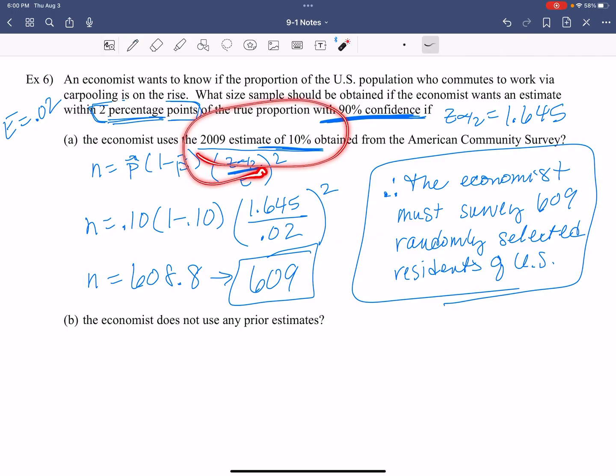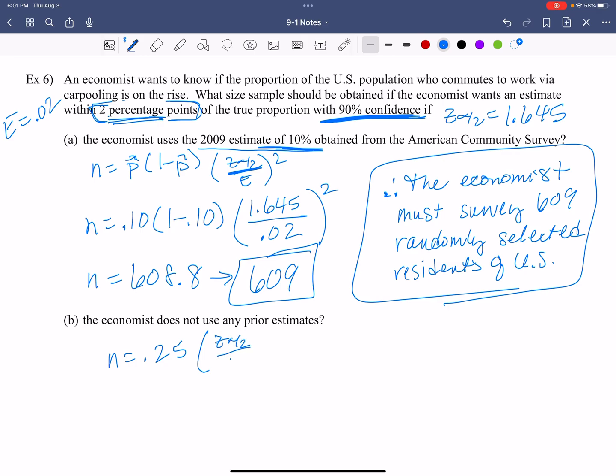Well, what if we don't? We do not use any prior estimates. How do you think that's going to work? Do you think it's going to make it bigger or smaller? Hang on to that, and let's check this out. Again, my margin of error is 0.02, but n is equal to 0.25. I don't have a p-hat here, but I have Z alpha divided by 2 over E squared.